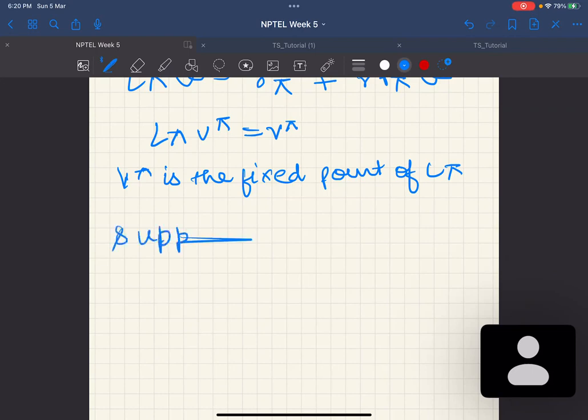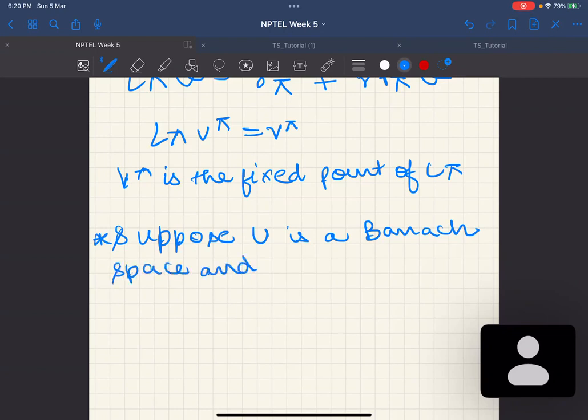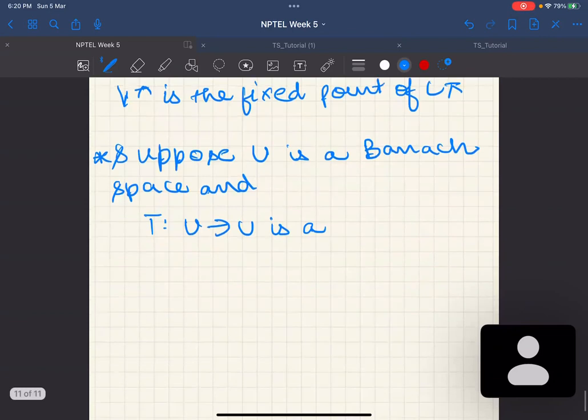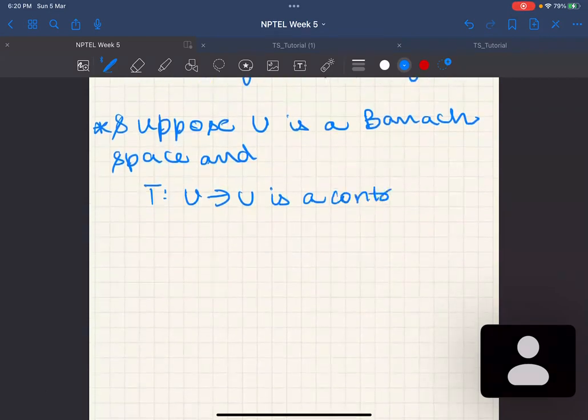Do you know about contraction mapping? No, I don't.